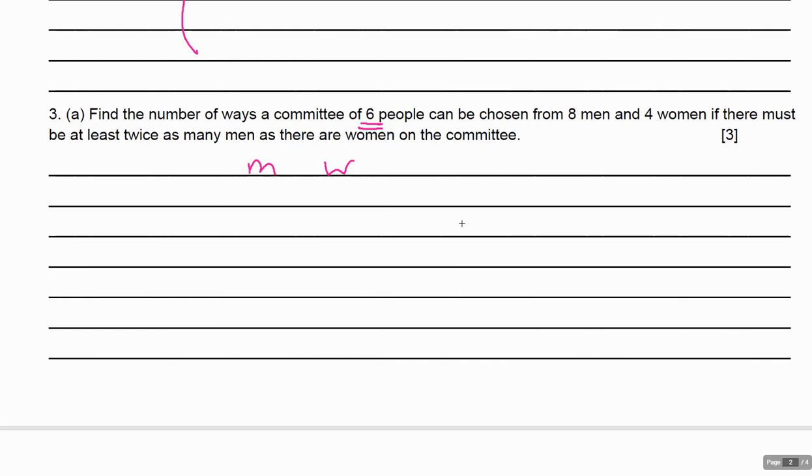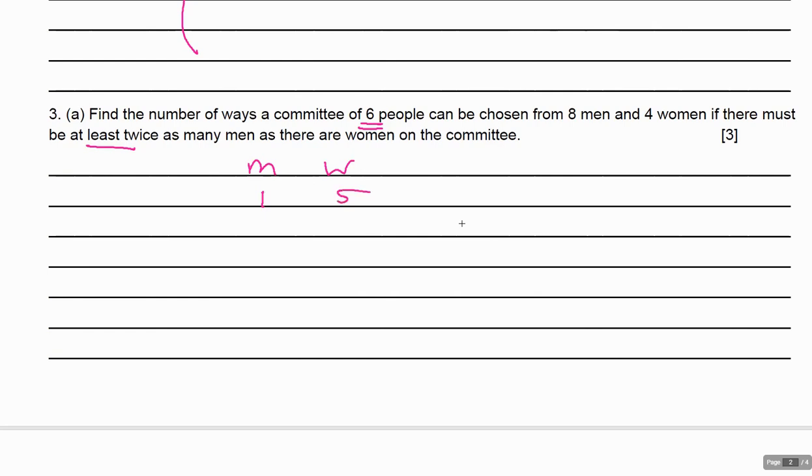Now let's think about this. What's the least possible number of men there could be if there has to be at least twice as many? One, right? If there's one man, are there twice as many men?